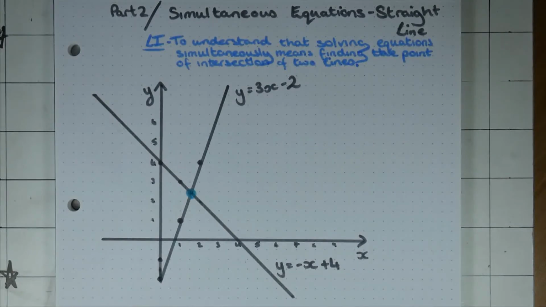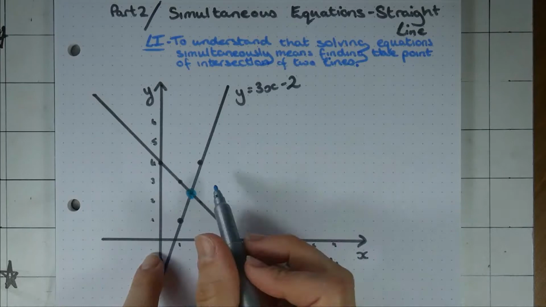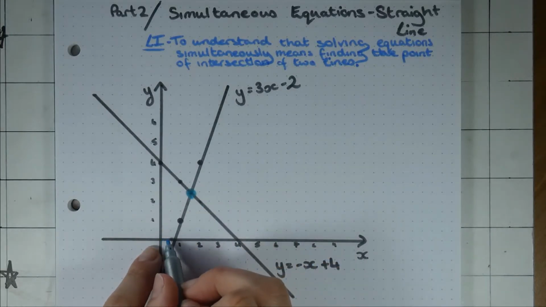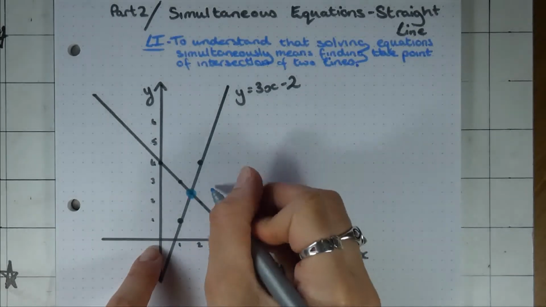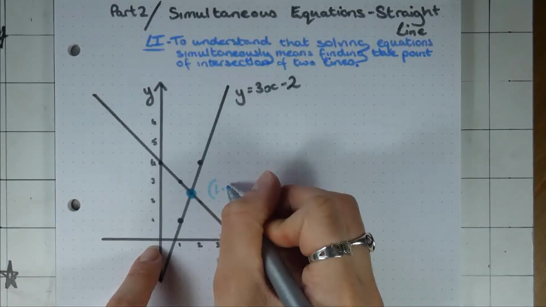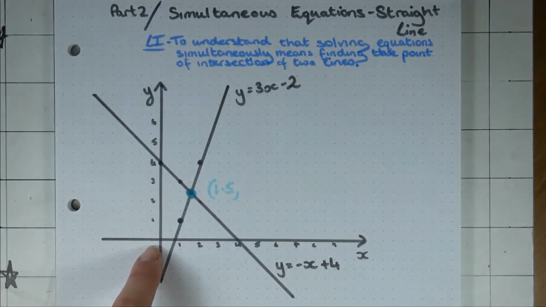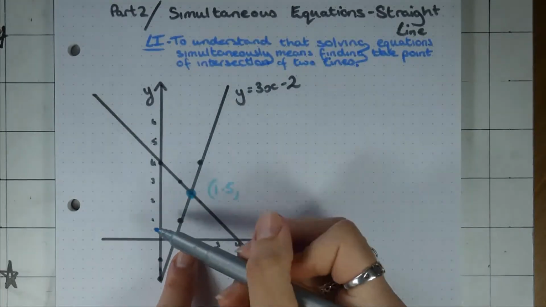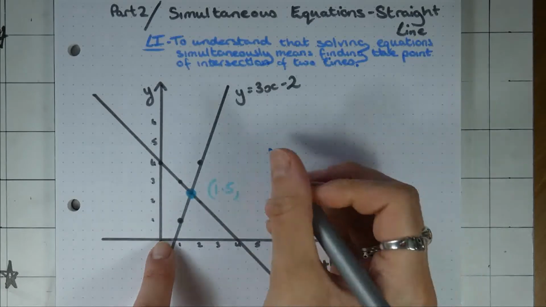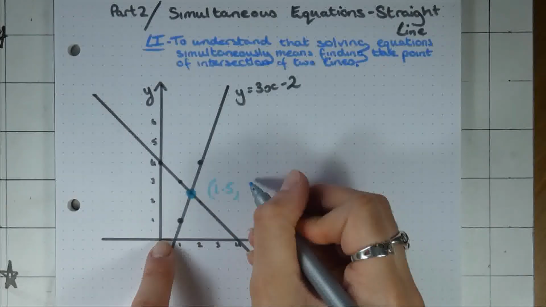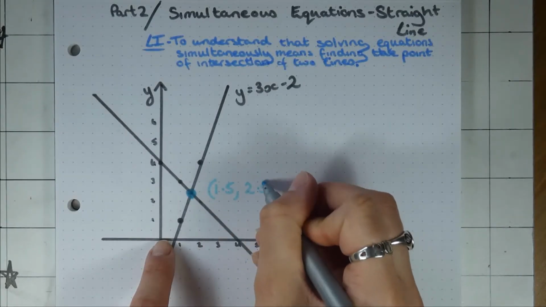By looking, which in an exam is actually a valid way of finding the point of intersection, you're allowed to read it off the graph, you will have 1, and it's midway between 1 and 2, so we have 1.5 on our x-coordinate, and up the way we have in between 2 and 3, so flat bang in the middle we have 2.5.